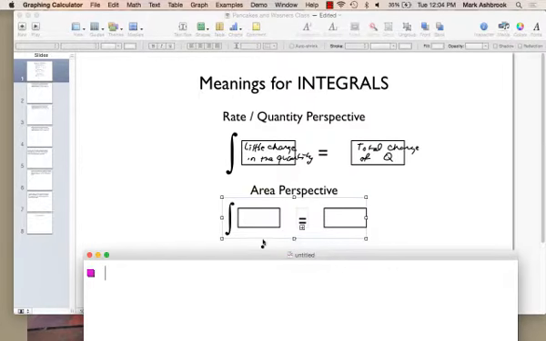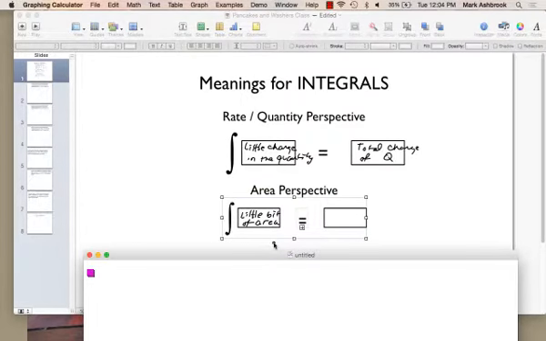Okay, so what are we adding up in the area perspective? What is it that we're integrating? Little bits of area. Okay, right, exactly. So this is a little bit of area. Specifically, area of a rectangle, right?